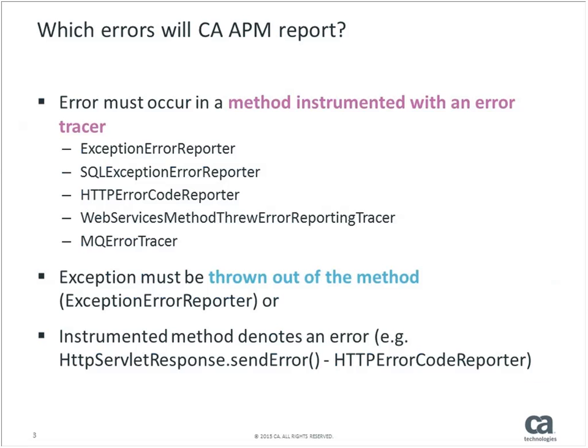So the first topic I'm going to cover is which errors will CA APM report. We're using bytecode instrumentation for your Java and .NET, and similar techniques for Node.js and PHP applications. In order to be able to detect an error, the error must occur in a method that is instrumented with an error tracer.